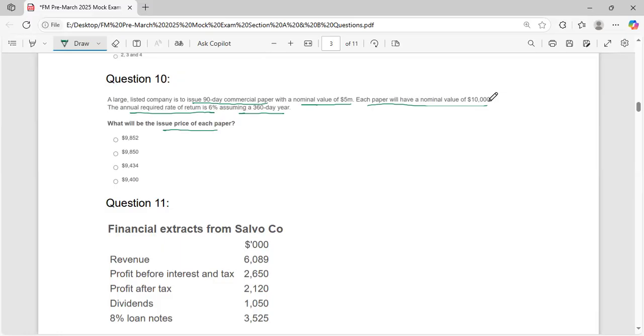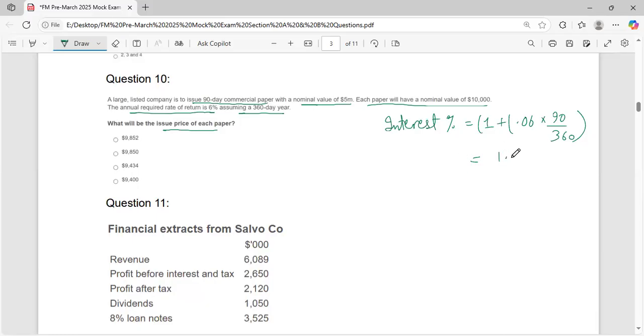We know that par value is 10,000. Our interest is 6%, but we are not going to issue for a year. We are going to issue for 90 days. So we will calculate interest percentage first. We will portion this interest percentage on 90 days. 1 plus interest into 90 divided by 360. So 90 divided by 360 multiplied by 0.06 plus 1.